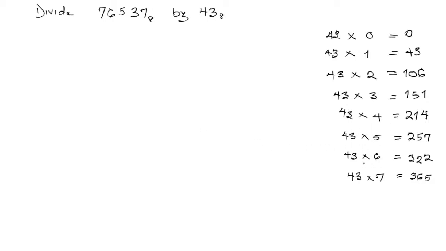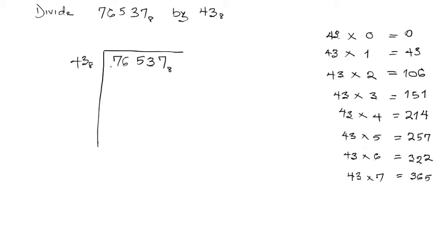So I skipped up to the end of the multiplication table, and this is what we have. So let's go ahead with our division. 7, 6, 5, 3, 7. We have our 4, 3 here, both in base 8. Please ignore the noise in the background.